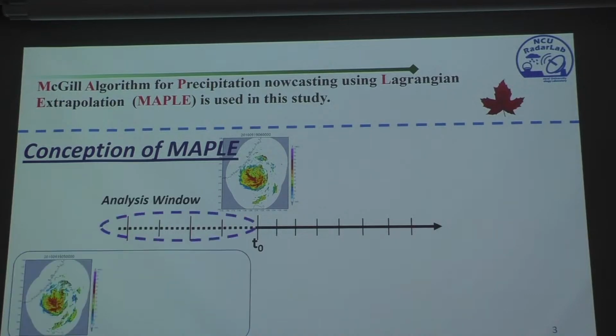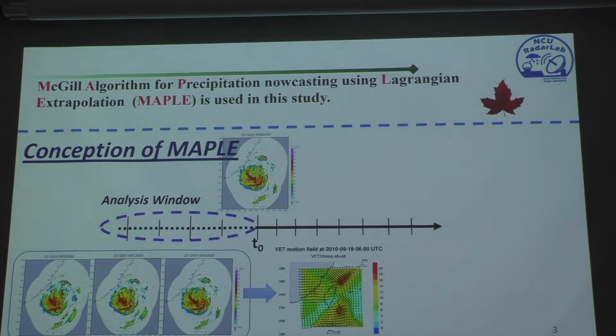The idea is relatively easy. You collect what the radar observed in a certain period of time, for example within 30 minutes or even within 1 hour. Based on these images, you can estimate the motion field over the entire radar coverage, so you know how the system moves.